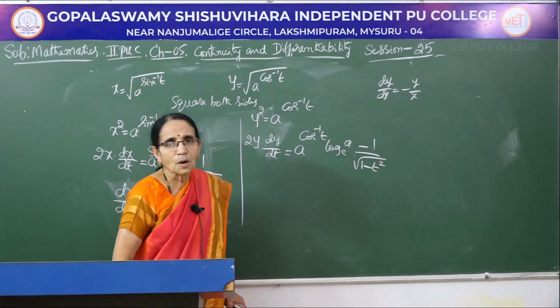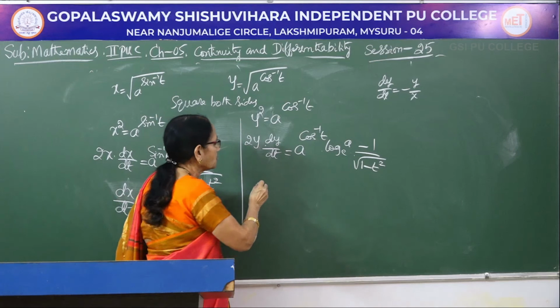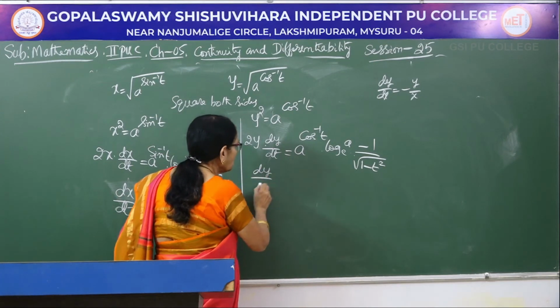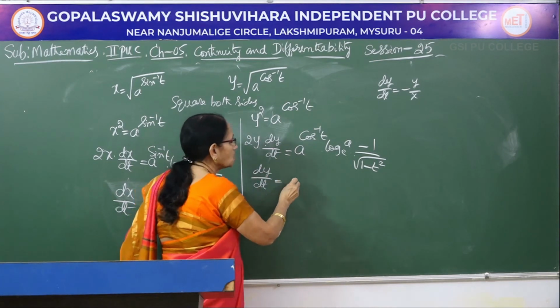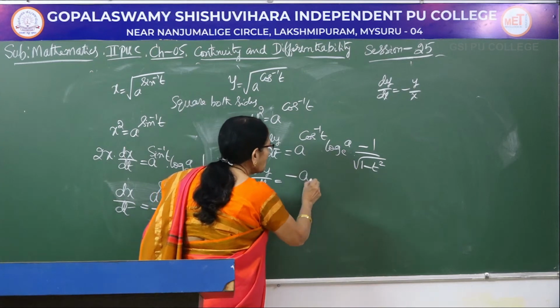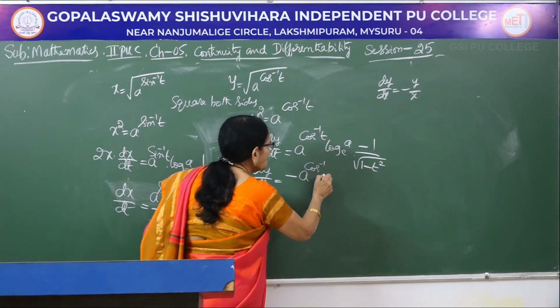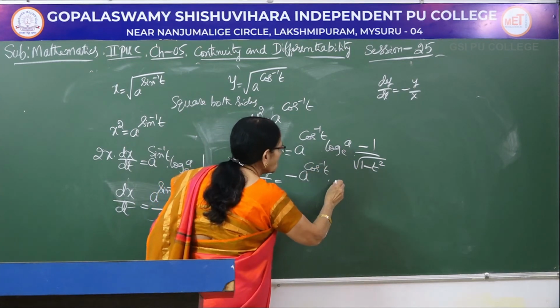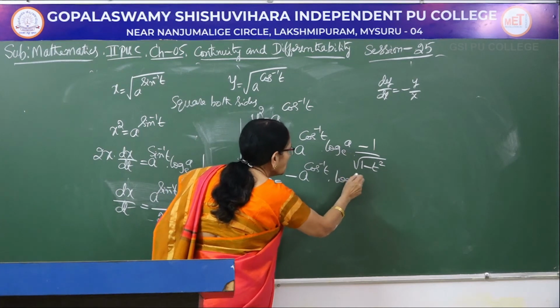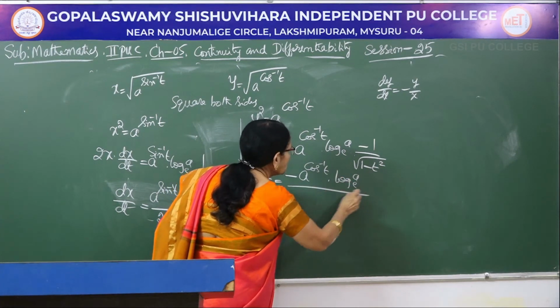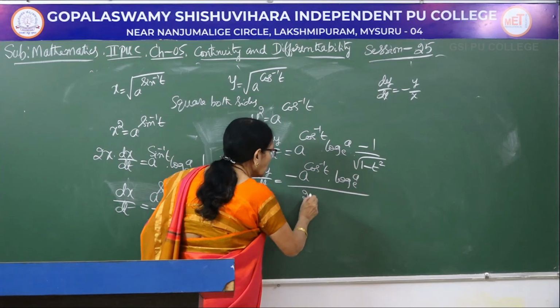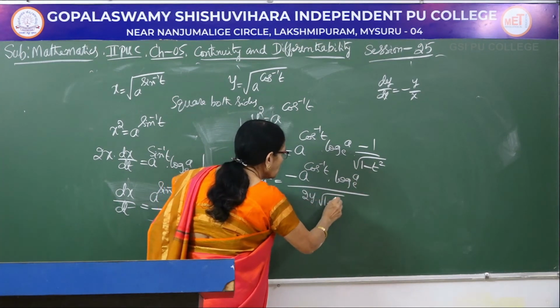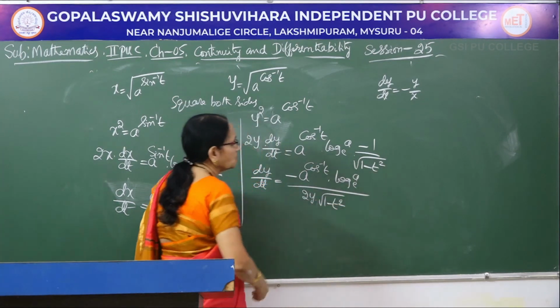That is the derivative of cos inverse of t. Therefore, dy by dt is equal to minus a to the power cos inverse of t into log a to base e, whole thing divided by 2y into root of 1 minus t square.